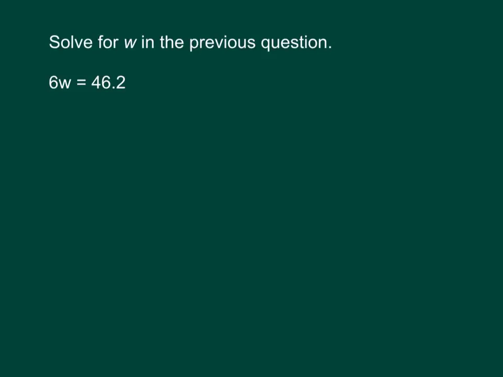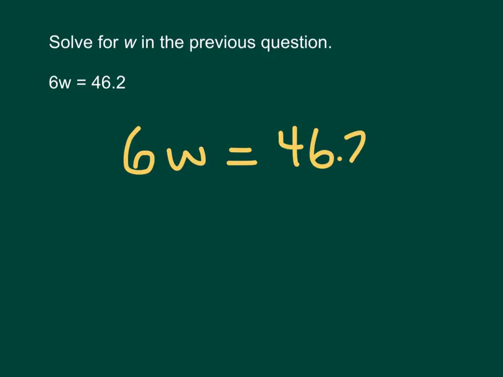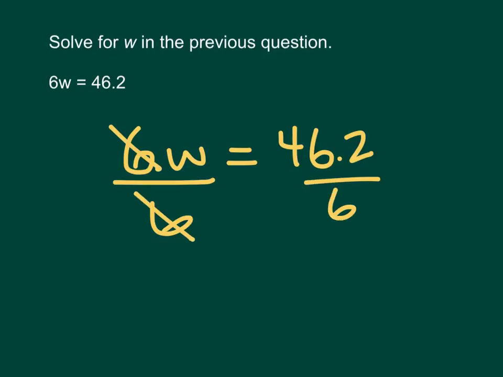So I'm going to rewrite this, and we have 6W equals 46 and 2/10 pounds. I'm going to divide both sides by my coefficient. Again, my coefficient is the number that's attached to the variable. 6 divided by 6 leaves me just 1W. Again, there's no reason to put any number next to my coefficient.